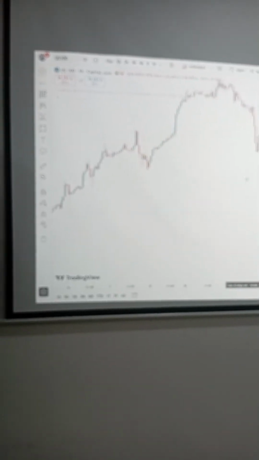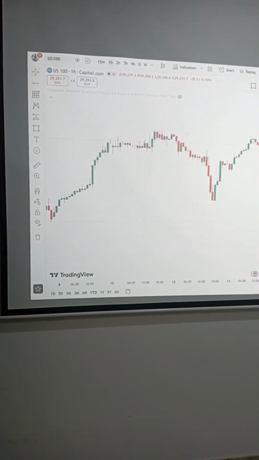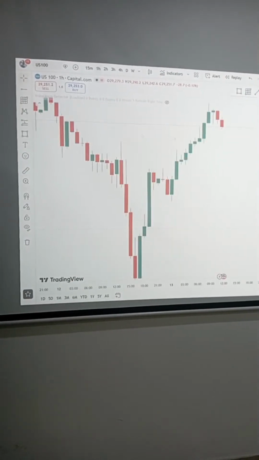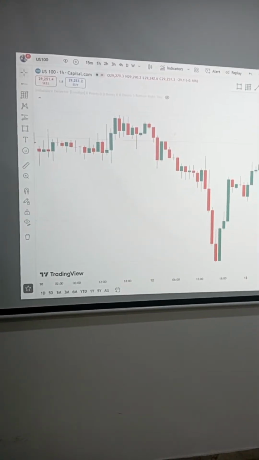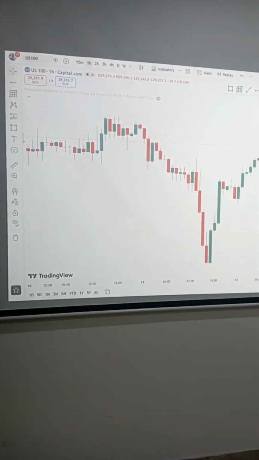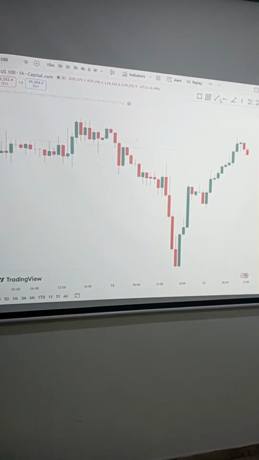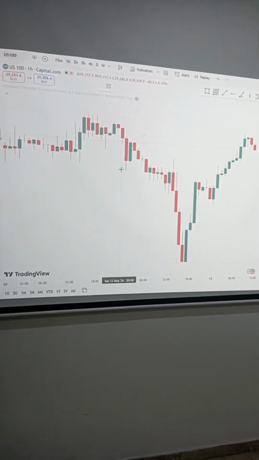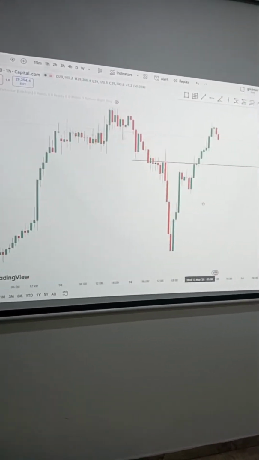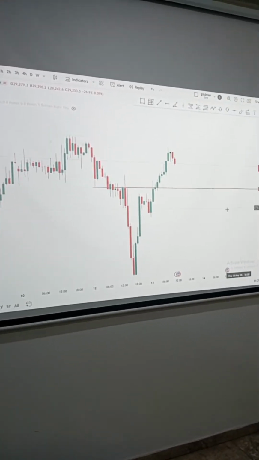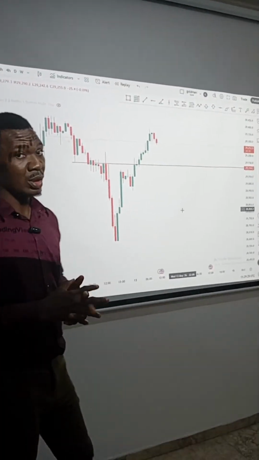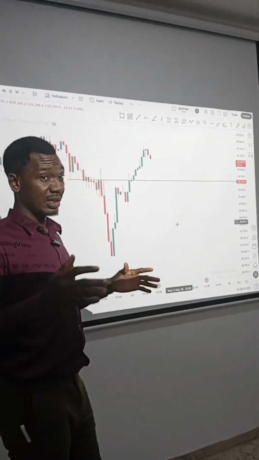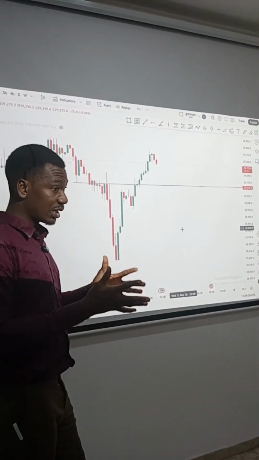Let me switch it down to a much smaller time frame to see if I can find any level. I can see this level because if I use our top-down analysis approach, I may not be able to pick a trade quickly.